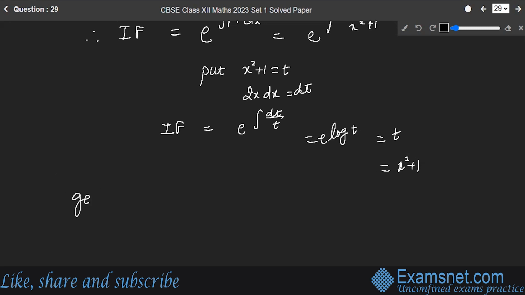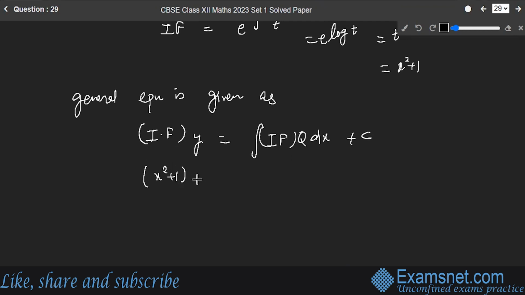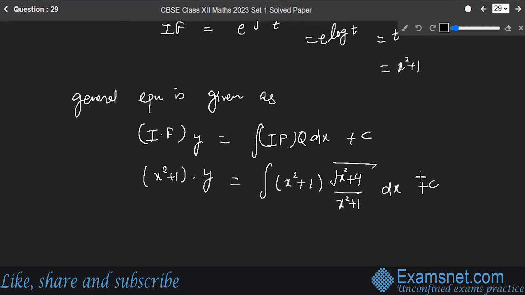Now the general equation is given as integrating factor into y is equal to integral of integrating factor into Q plus c. So x squared plus 1 into y is equal to integral of this into Q. Q was equal to root of x squared plus 4 upon x squared plus 1 dx plus c.